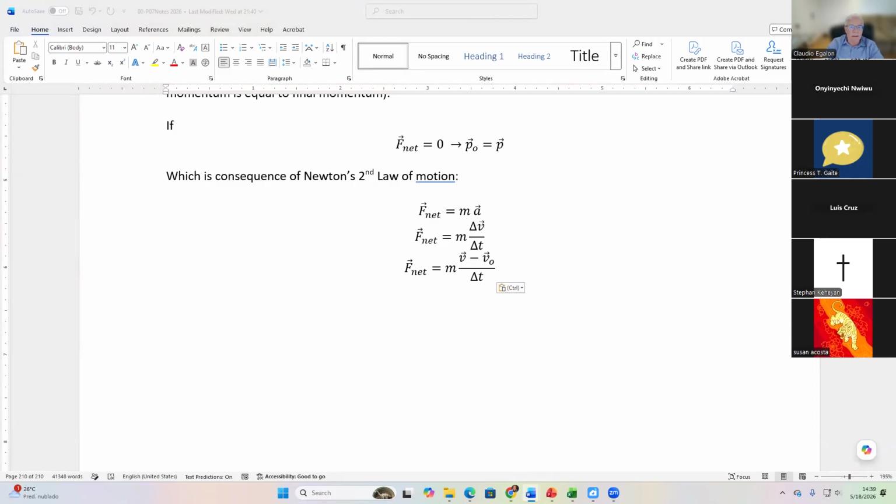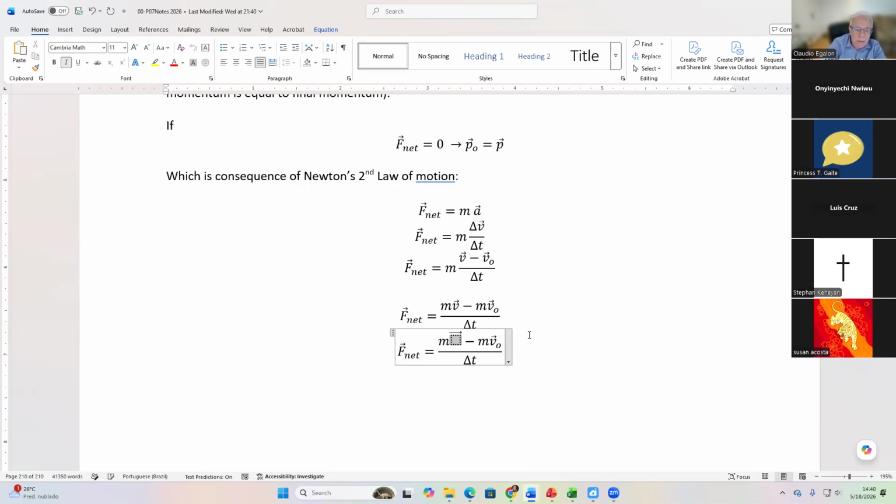And by the way, that can be rewritten as mv minus mv naught, which can be rewritten as p minus p naught, over delta t.